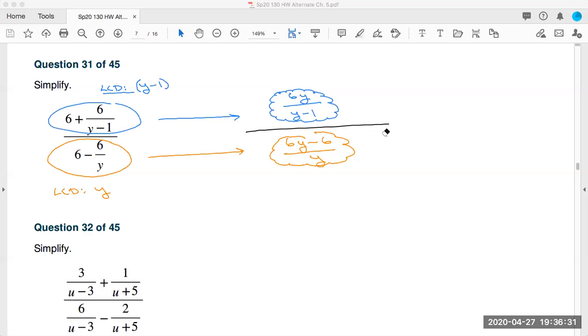So now we can actually go ahead and factor out the bottom two. So 6y divided by y minus 1, all divided by 6 times y minus 1 divided by y. And then we have our old school division.